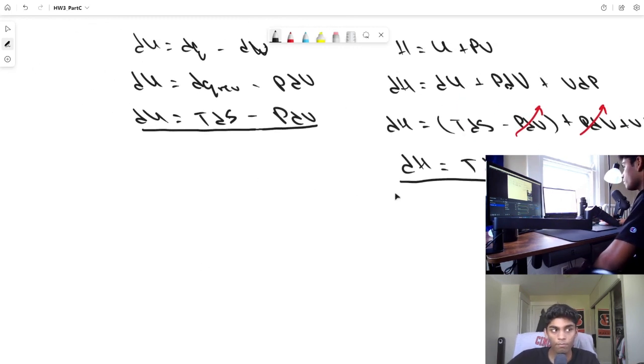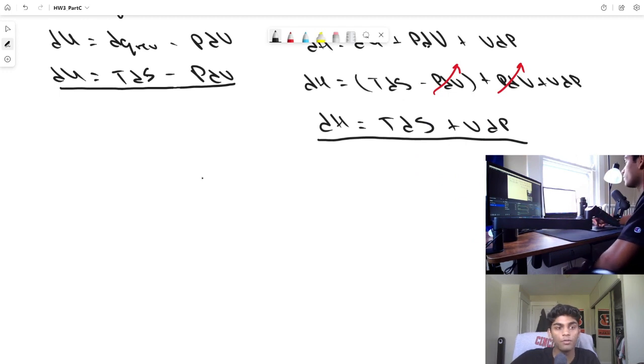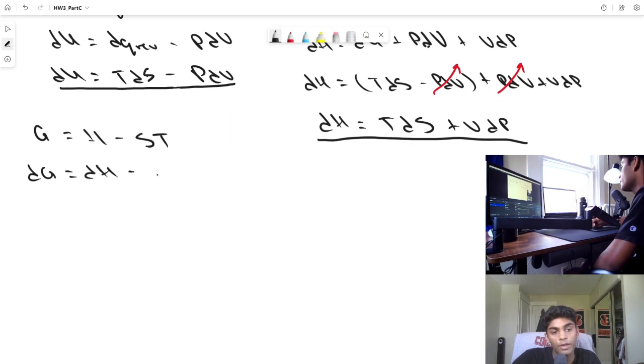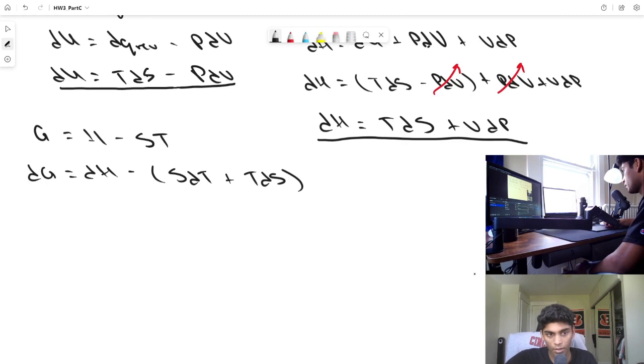So now we can use our knowledge of Gibbs free energy. So G is equal to enthalpy minus the entropy times T. And so let's do the same thing, take the differential: dH minus SdT minus TdS. So now we have this relationship between dH that includes this TdS.